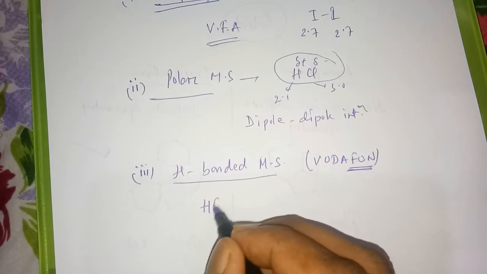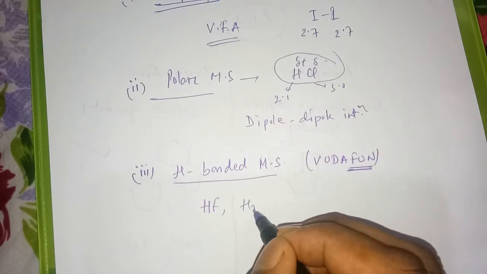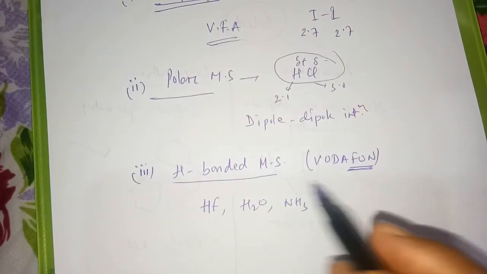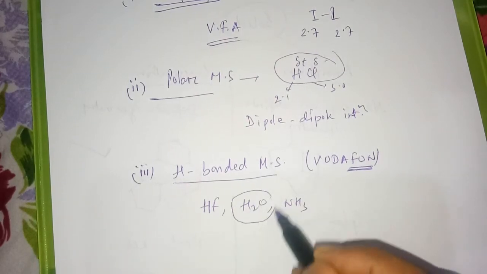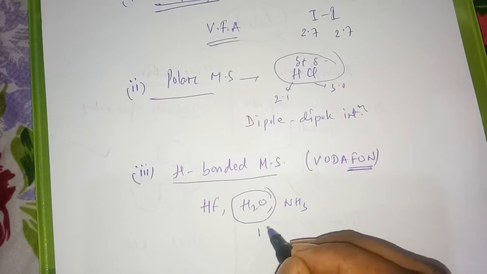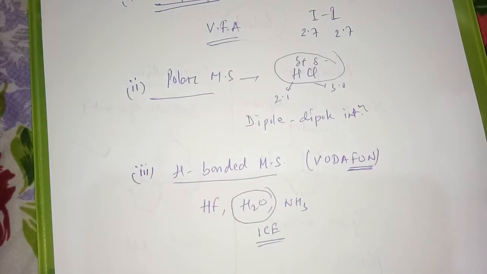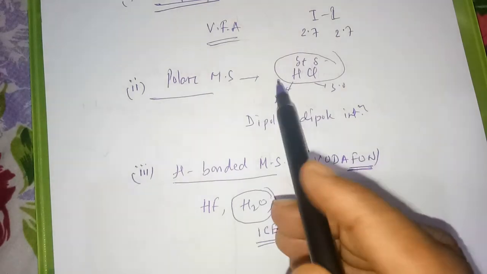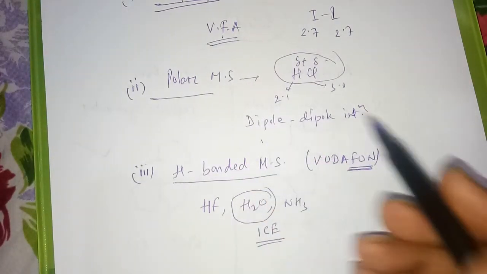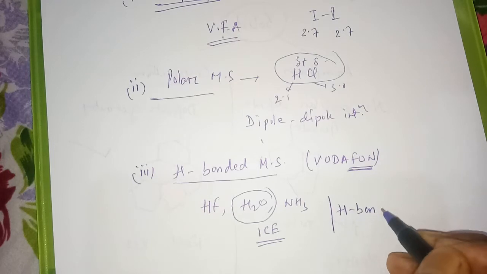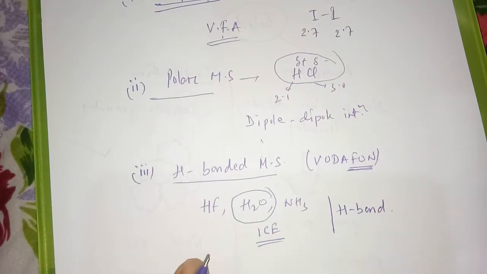For example HF, H2O, NH3. When these become solid, we know that the solid form of water is ice. These are called hydrogen bonded molecular solids. So the force of attraction in this one is van der Waals force, in this one dipole interaction, and in this one the force of attraction is hydrogen bond.